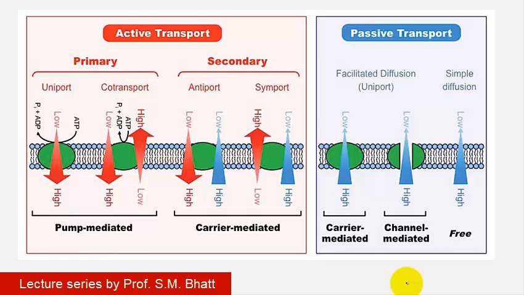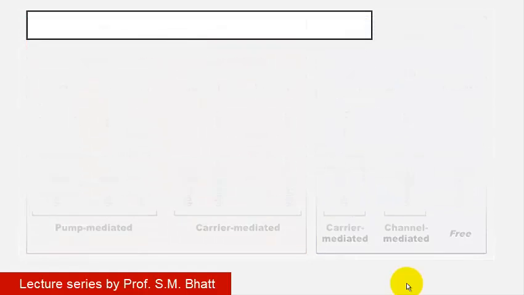Secondary transport, antiport, symport, carrier mediated, co-transport. Already we have discussed. Passive transport, single direction, high to low. So uniport. Simple diffusion, high to low. That's why this is also free diffusion. Channel mediated, carrier mediated, both are examples of uniport facilitated diffusion.